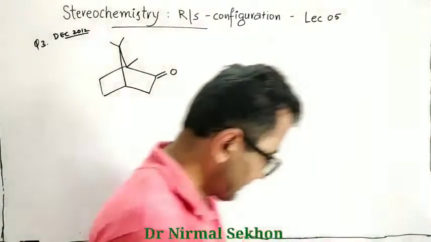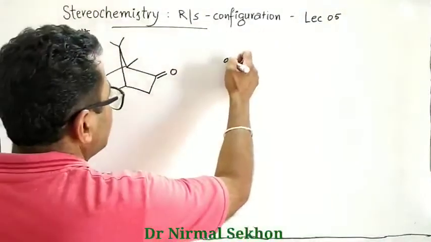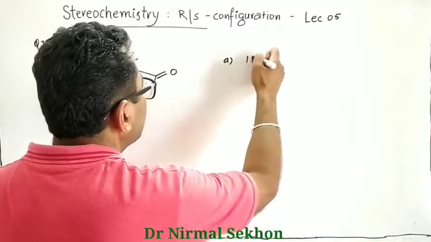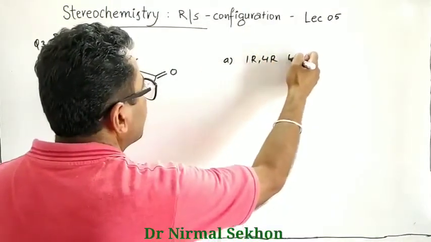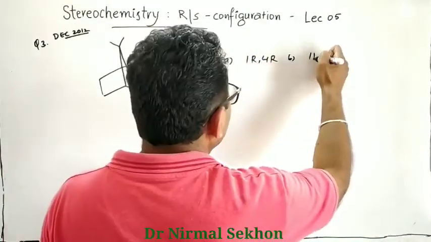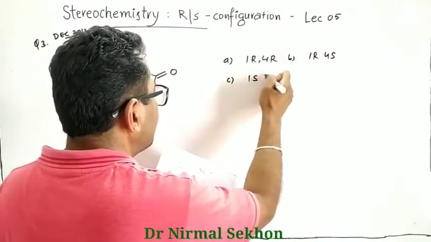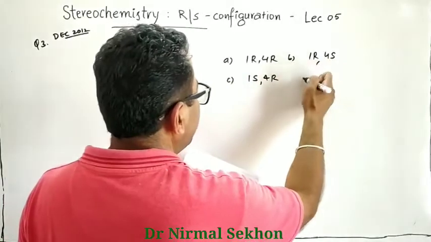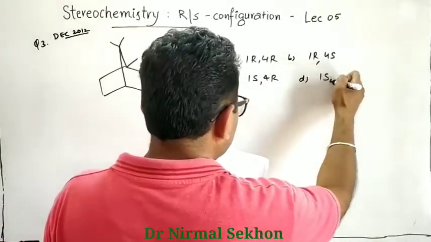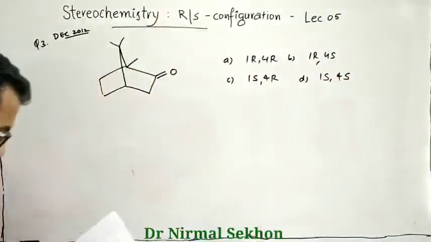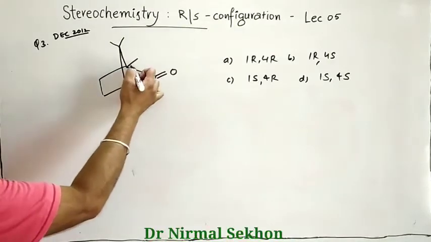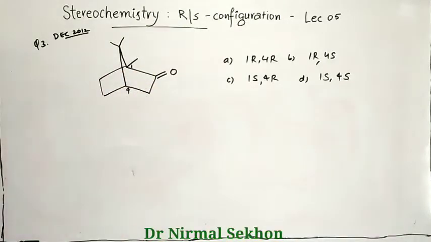Now the question options are: option A 1R 4R, option B 1R 4S, option C 1S 4R, option D 1S 4S. So this is your 1 and this is your 4, that is marked.